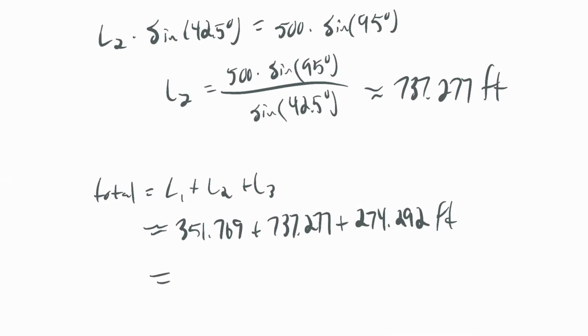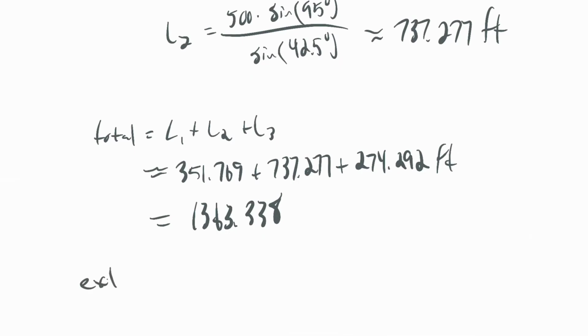I can go to my calculator and go 351.769 plus 737.277 plus 274.292, and I get 1363.338, which, if you subtract 1200 from that, that means that the extra distance is 163.338 feet. That is the additional distance that had to be used beyond what was originally intended.